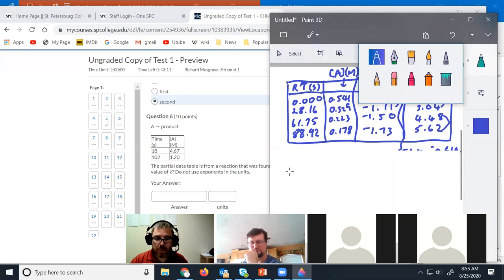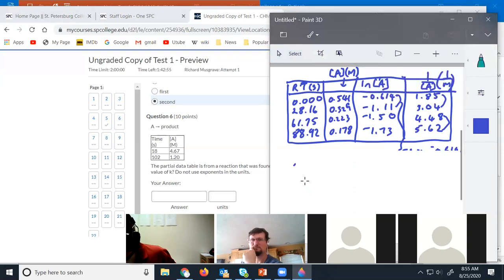For this question, which is looking for the k value, if it was zero order, the slope would be based on A versus t, or A versus time. So for this one, it's really just a matter of doing 4.67 minus 1.20 over 18 minus 102.